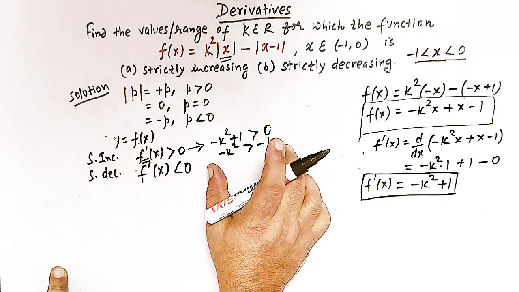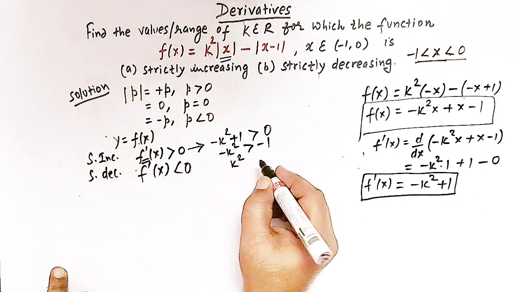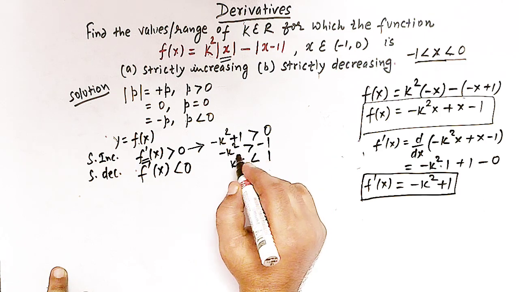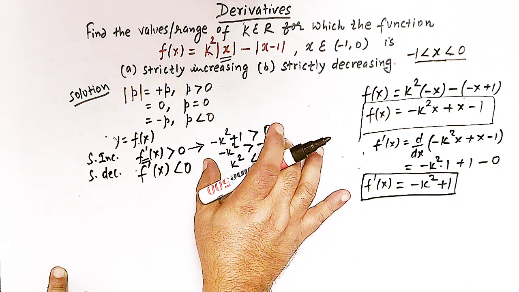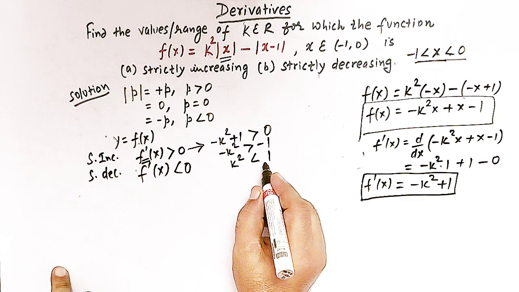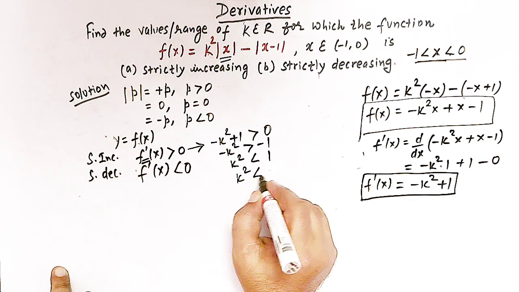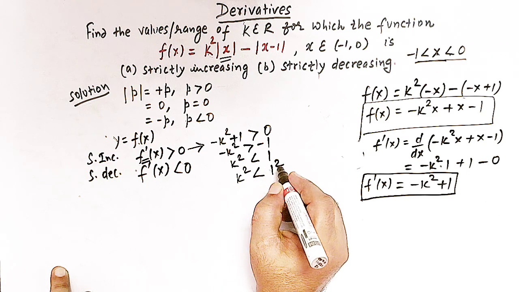Multiplying both sides by negative 1, we can now write k square less than 1, because the direction of the inequality gets reversed when we multiply both sides of the inequality by a negative number. So here we have k square less than 1, and this can also be written as k square less than 1 square, right? Because 1 is equal to 1 square.